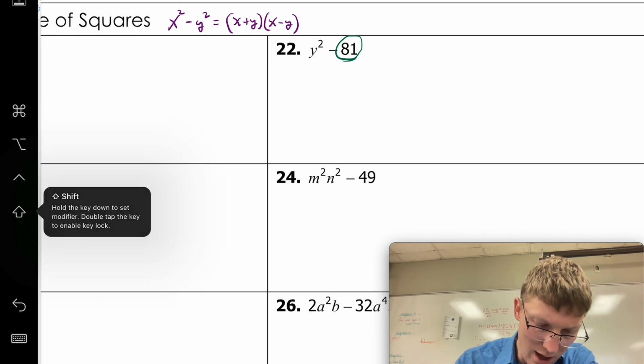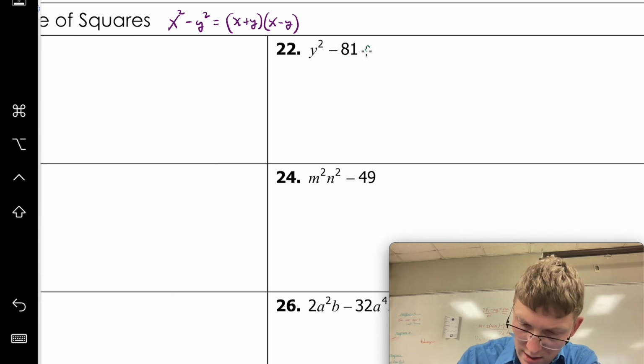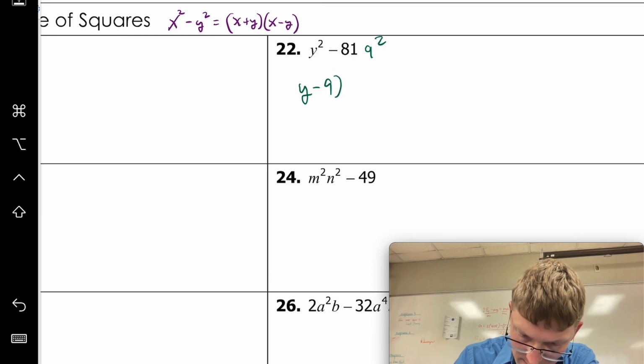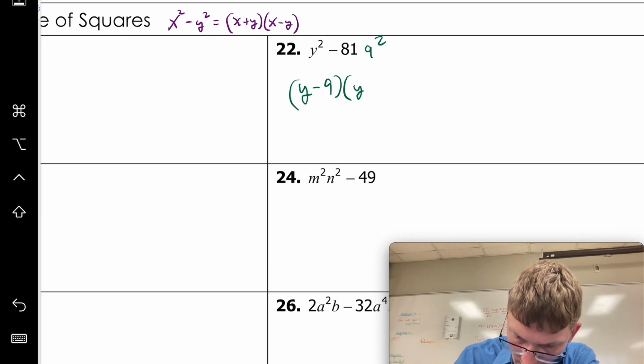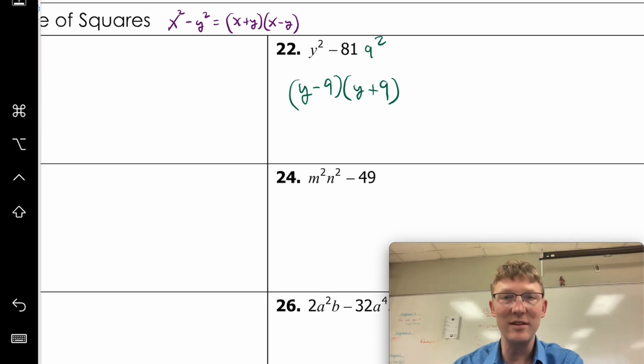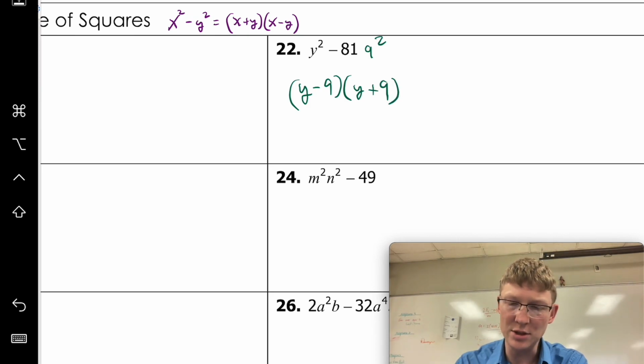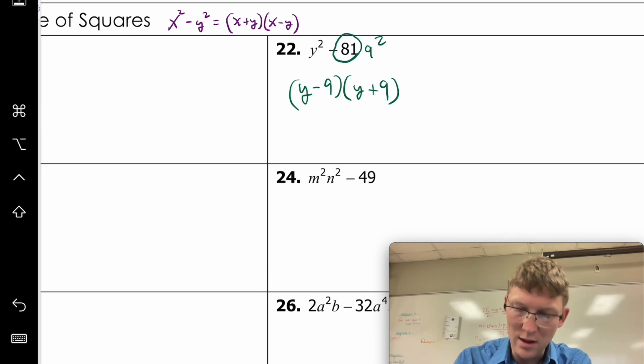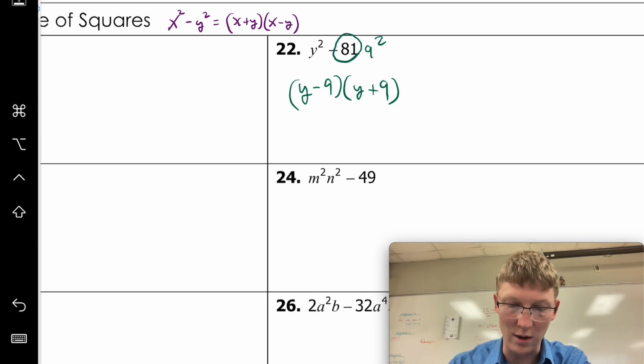It's the same as saying 9 squared. So our answer there is going to be y minus 9, y plus 9. It's as easy as that, but the challenging part is recognizing that this is a square.